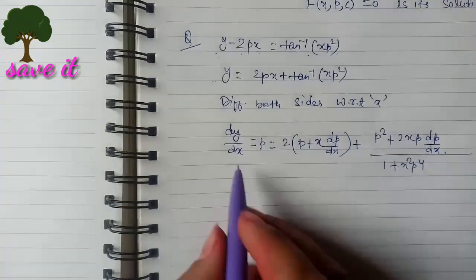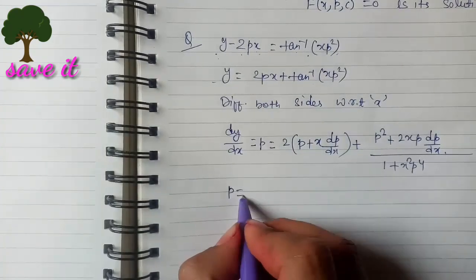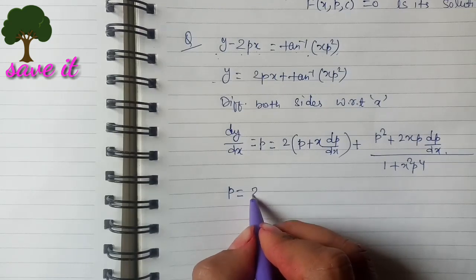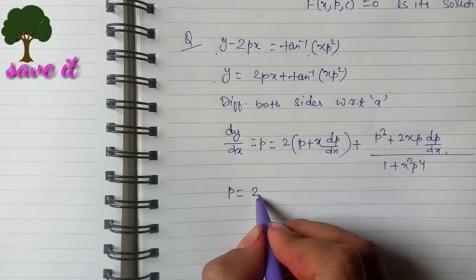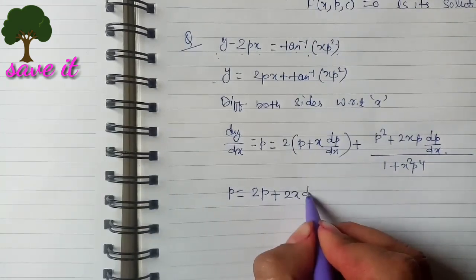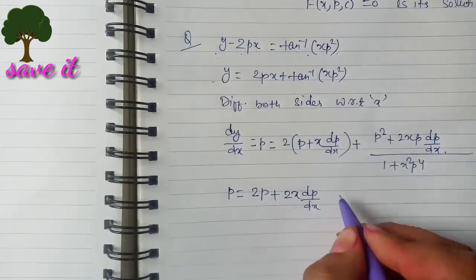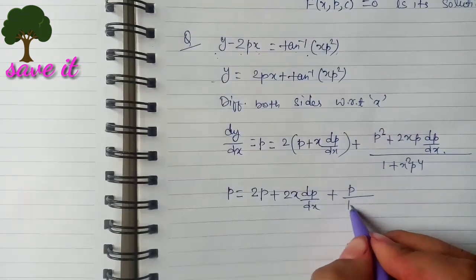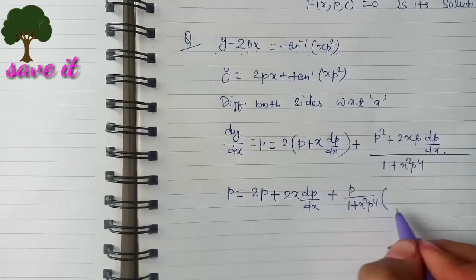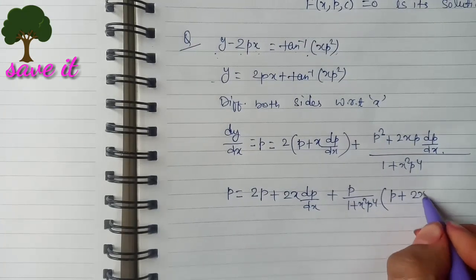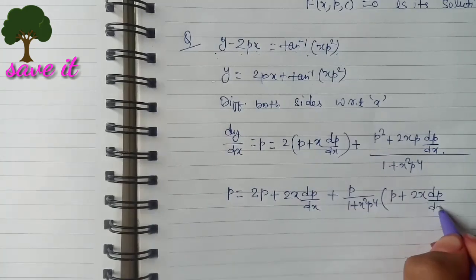Then we write this equation like this: p is equal to 2p plus 2x dp by dx. Here we take common p upon 1 plus x square p to the power 4. Then what we get here? p plus 2x dp by dx.